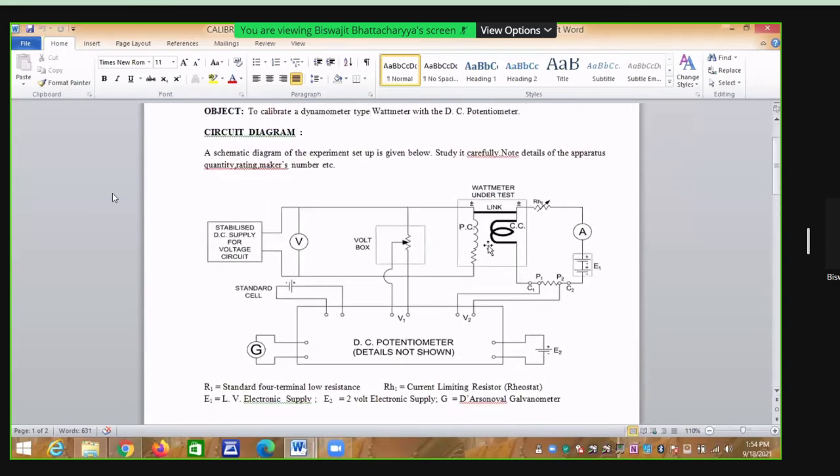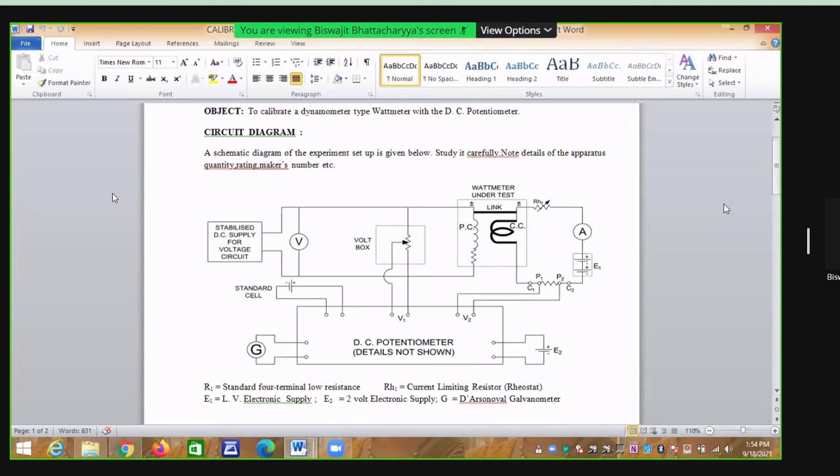So we change the current coil current by varying the rheostat RH1, and accordingly the ammeter reading will change. We set the rheostat value so that the wattmeter is initially at 0 watt, then 20 watt, then 40, 60, 80, and 100 watt.